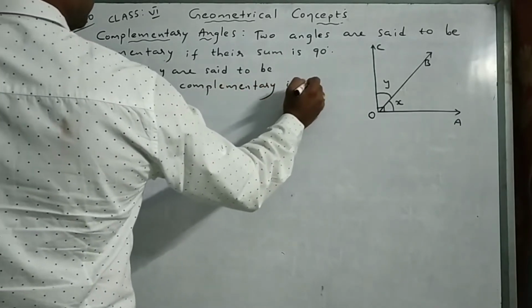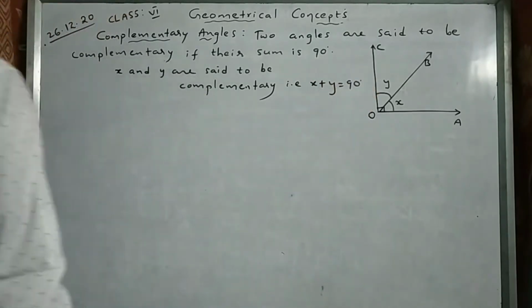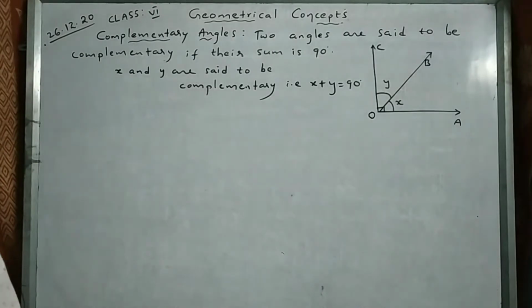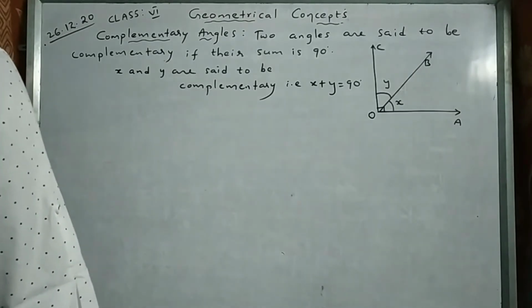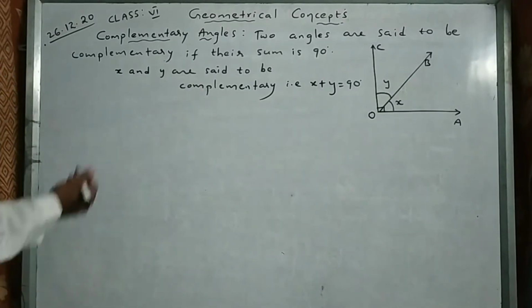That is, X plus Y is equal to 90 degrees. Sum of two angles is 90. Then we say that they are said to be complementary angles. Is that clear? Two angles are said to be complementary if their sum is 90 degrees.